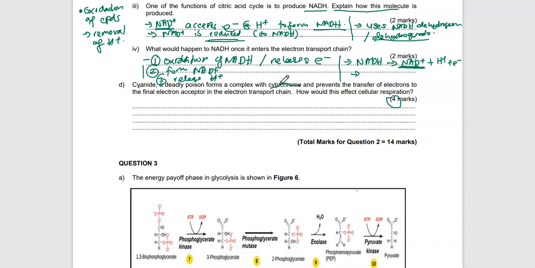Because electrons cannot be transferred, NADH or FADH2 will not be oxidized. And lastly, no water will be produced also. Okay, so that's for question number 2 that is worth a total of 14 marks.